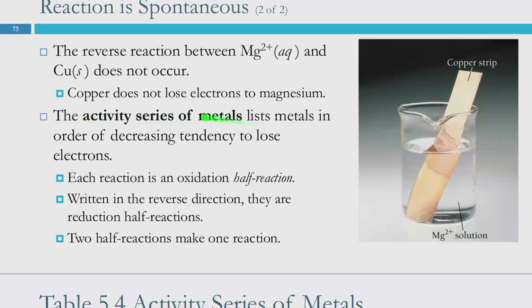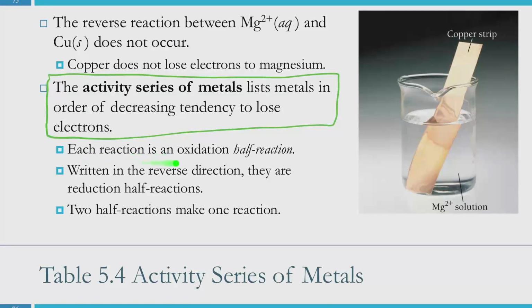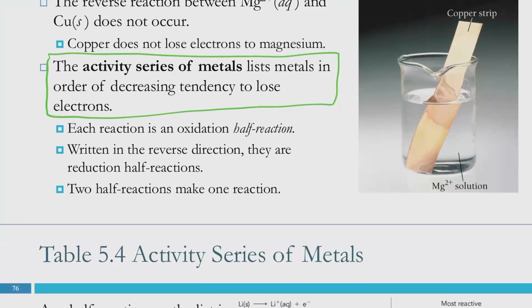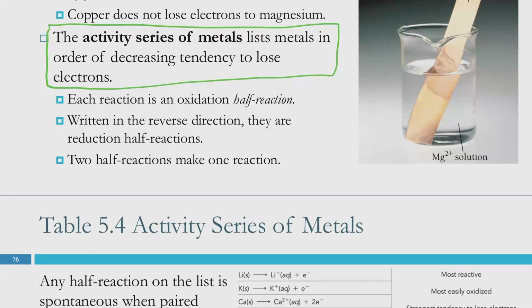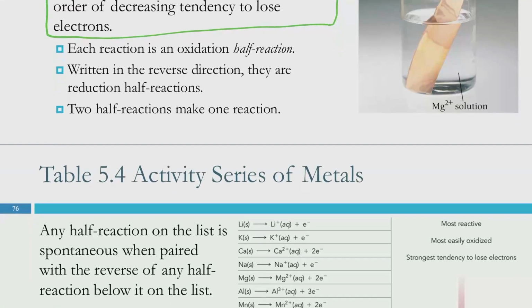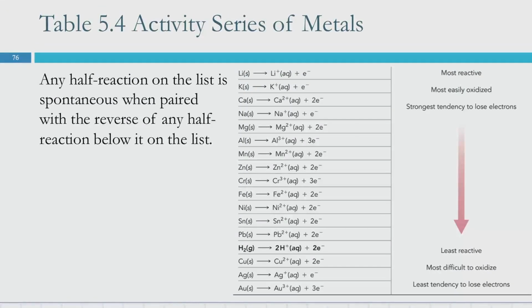So the activity series of metals lists metals in order of decreasing tendency to lose electrons. Each of these reactions is an oxidation half reaction. If you write them in the reverse direction, then it becomes a reduction half reaction. We can see those here. So the way that the activity series works, like the very bare bones of it, is that any reaction on the list is spontaneous when it's paired with the reverse of something below it.